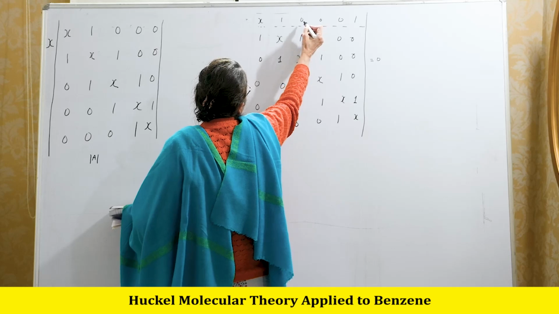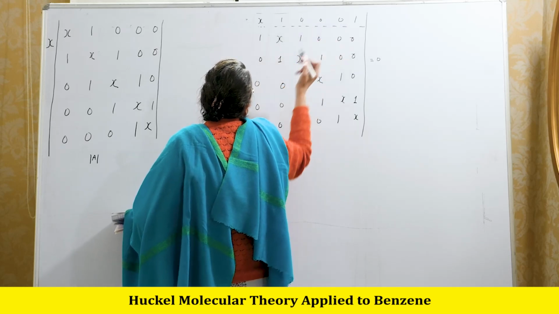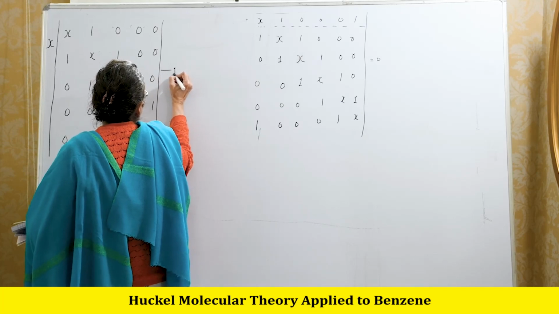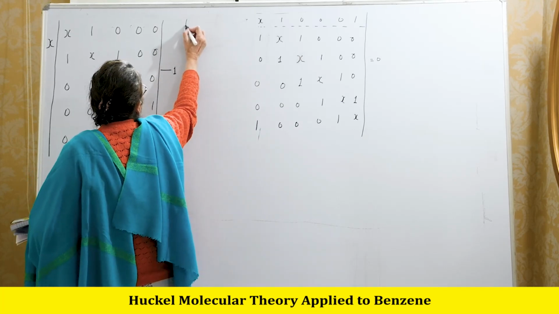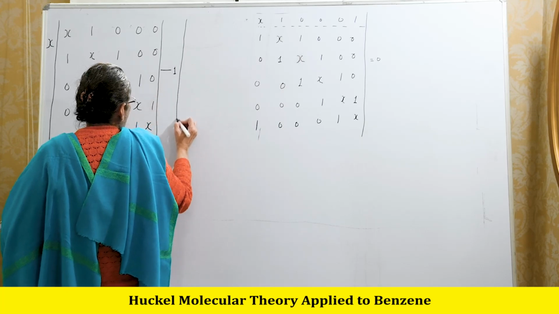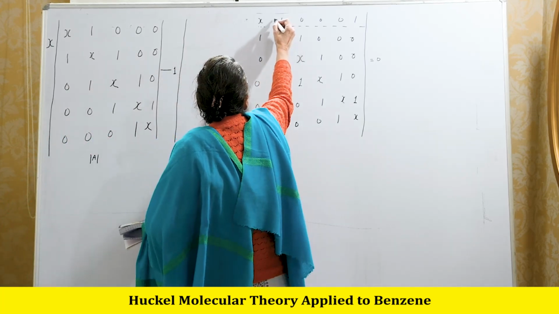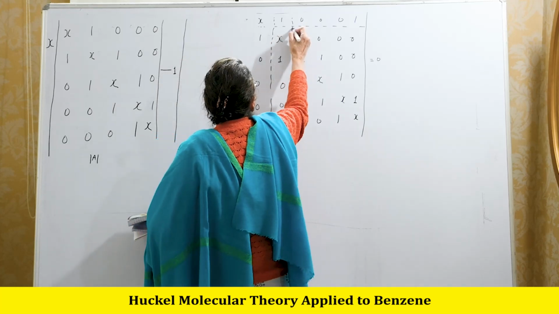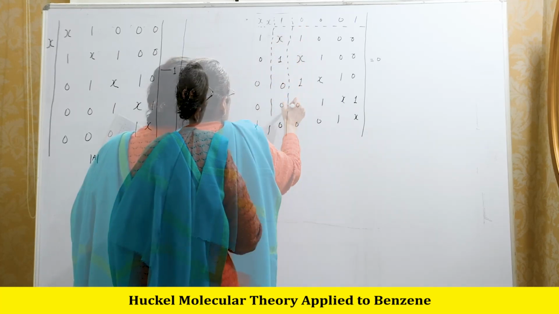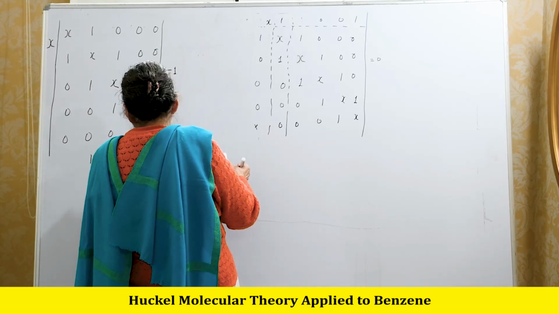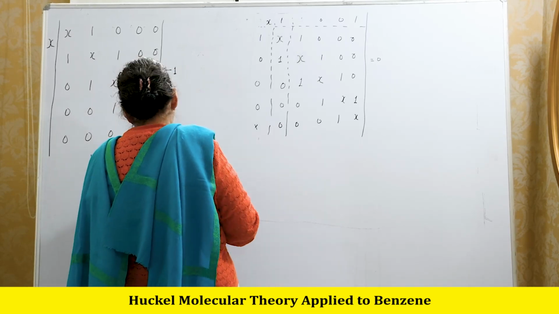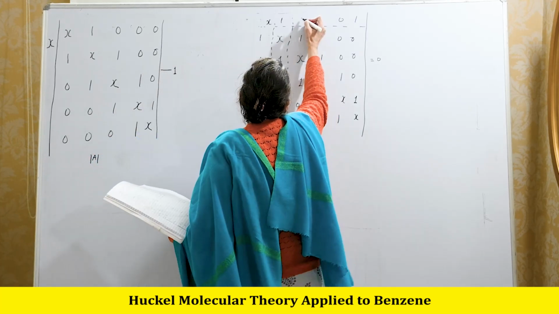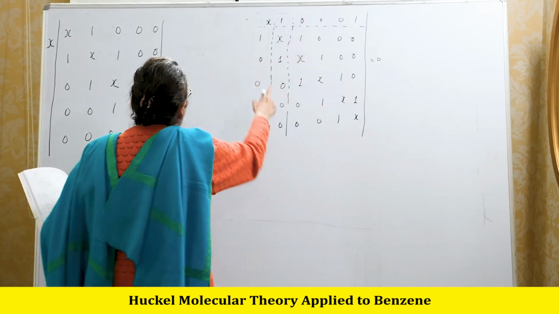This is -1, with signs plus, minus, plus and minus. For -1 I keep it large so I can differentiate. -1, ignore this line and this column. We get x 1 0, 0 1 x 1 and 0 0 1, so we have got x.